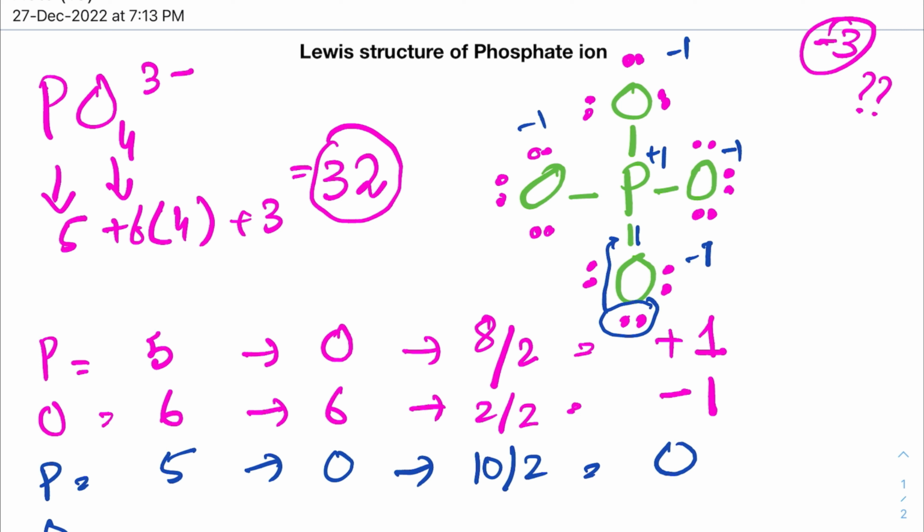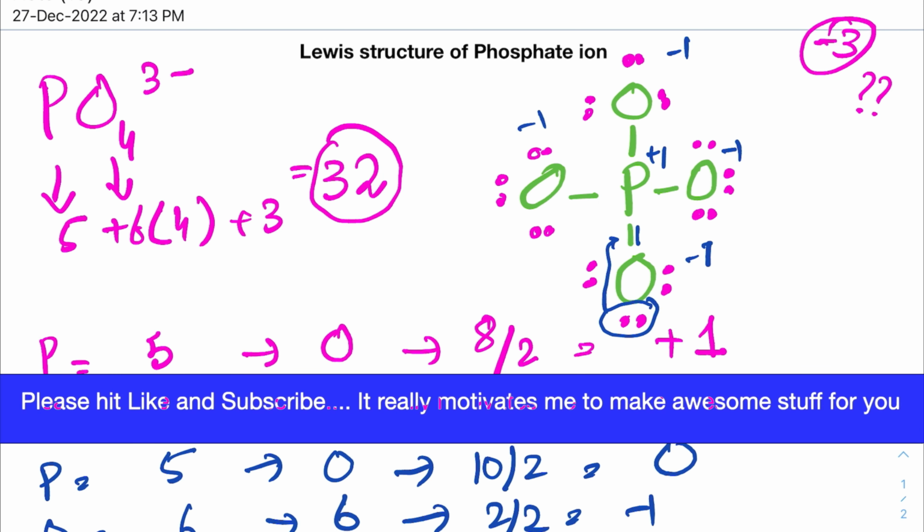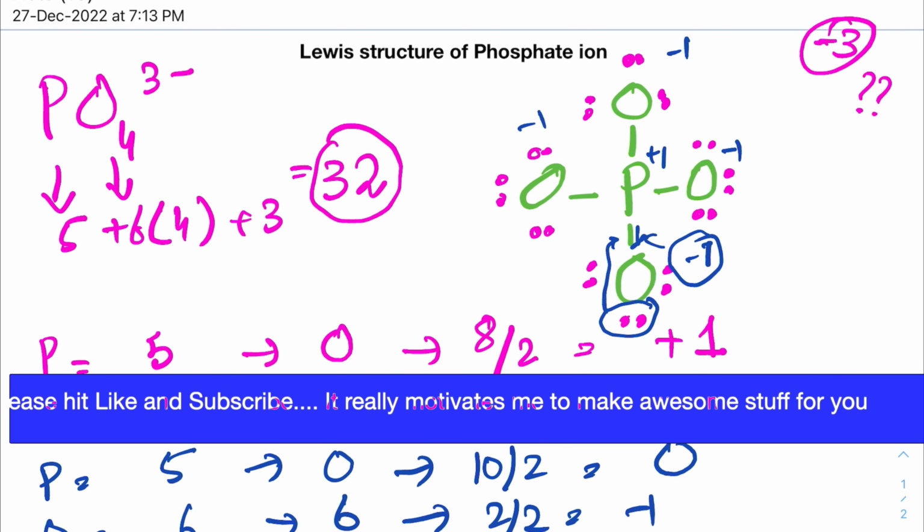In the case of oxygen, 6 valence electrons, 6 non-bonding electrons, and the overall charge would be -1. So now there is no charge on phosphorus, and the charge of the oxygen which forms the double bond is also excluded.